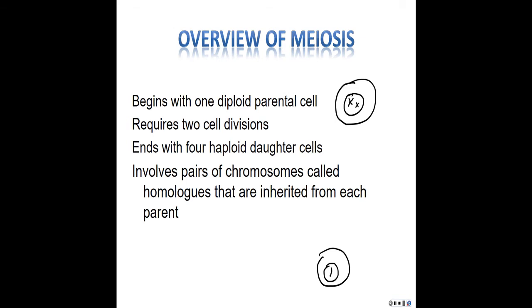It starts with 1 diploid cell. It ends with 4 haploid cells.